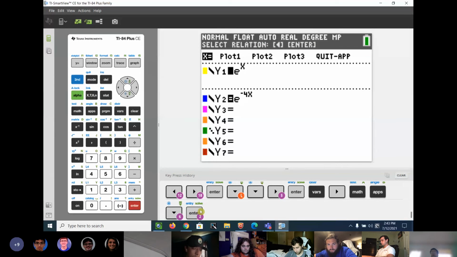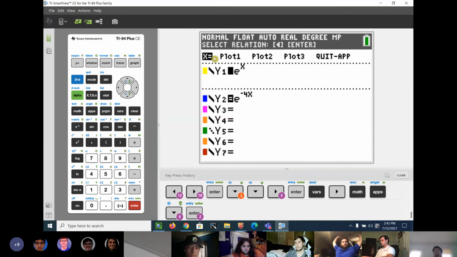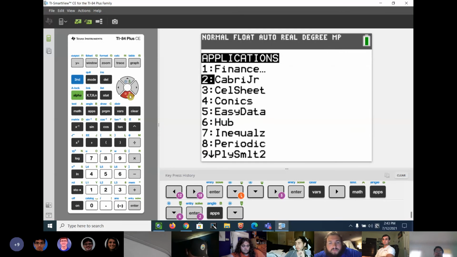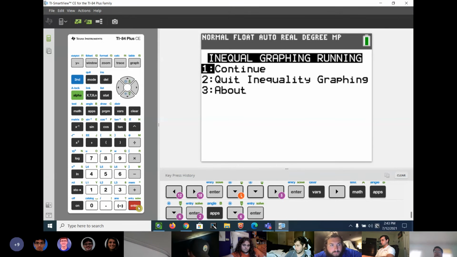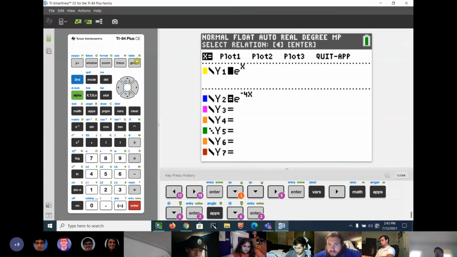Let me know if it shows up. Yes, sir. Now remember, every time you turn on your calculator, you might have to turn it on. Some calculators default it and keep it. Some don't. But again, you go to apps, equals, and continue. And that turns it on. And graph, and there's your region.